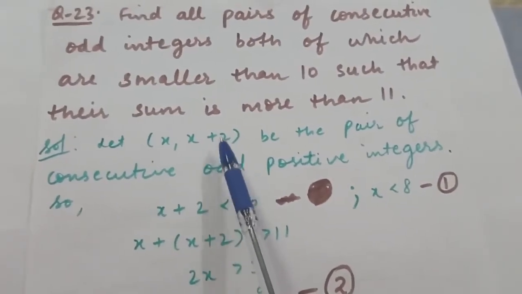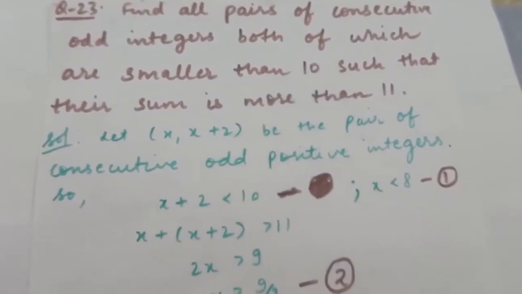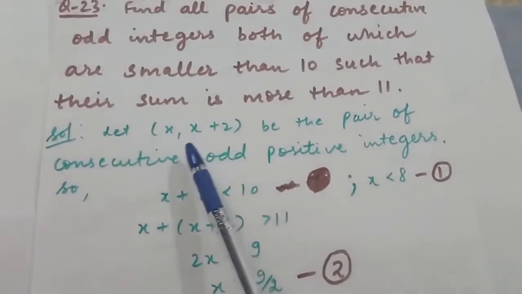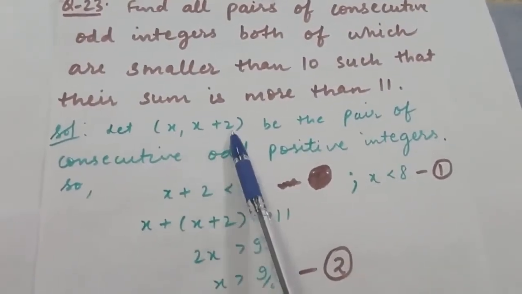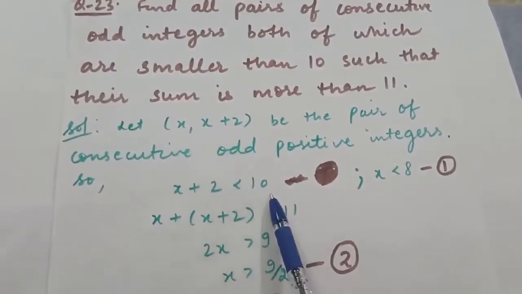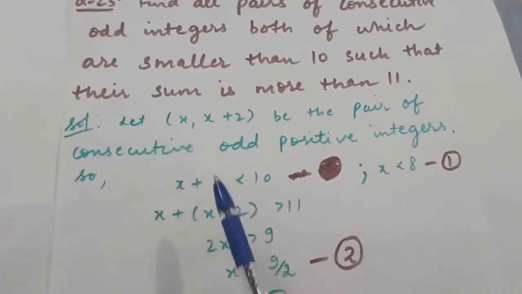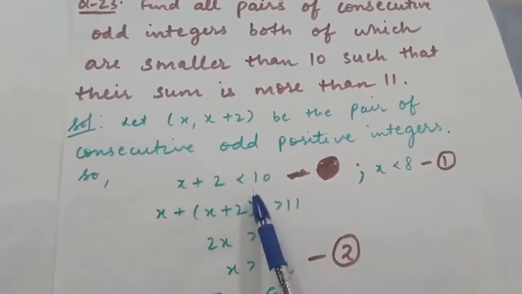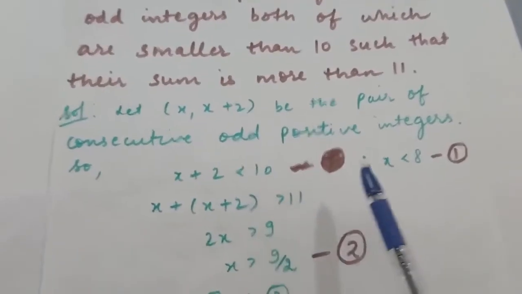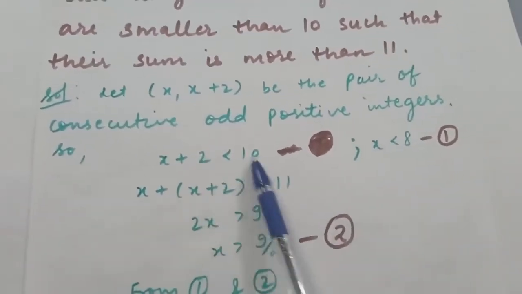Now they have given that both should be smaller than 10. We will not take x less than 10 because x plus 2 is greater than x. If x plus 2 is less than 10, then x will automatically be less than 10. Therefore, we just take x plus 2 less than 10. When you solve it, you will get x less than 8, subtracting 2 from both sides.